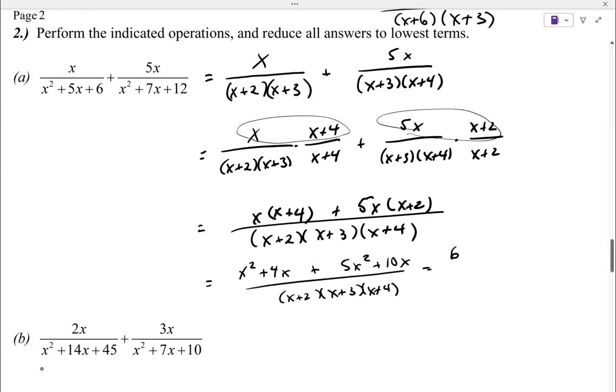And then when we combine like terms, we'll get a 6x squared and a 14x. And we don't need to worry about multiplying out the denominator. That's just going to take longer than we need. Don't bother multiplying all that out. That okay? Are we happy with this?